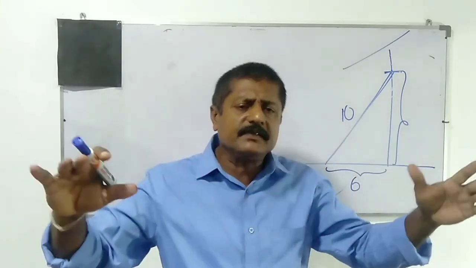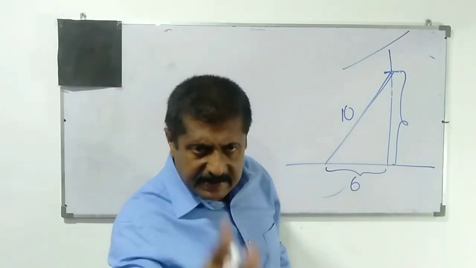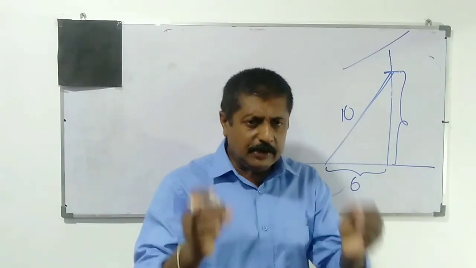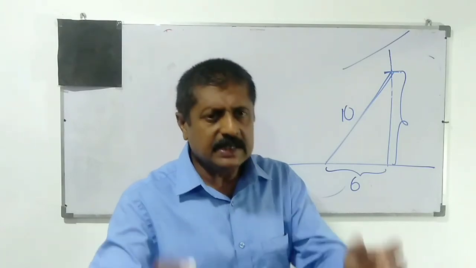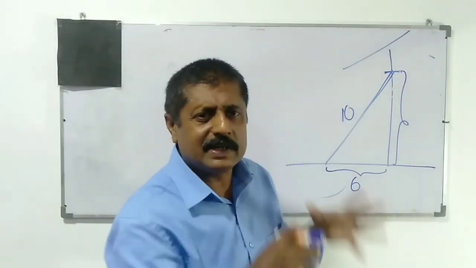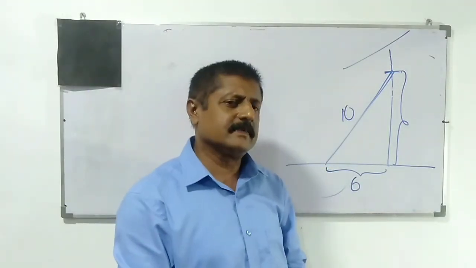You don't get direct questions. Now, you must be clever enough to turn this story, this day-to-day life situation, into your mathematical knowledge and turn it into maths and get the answer.